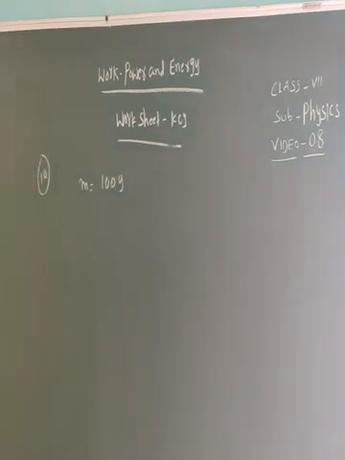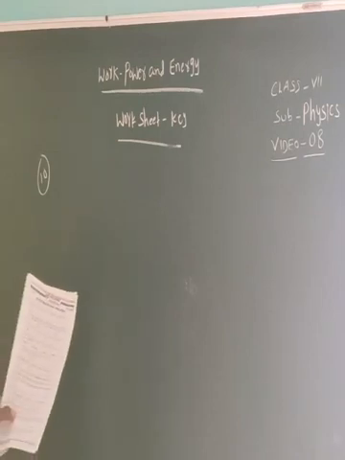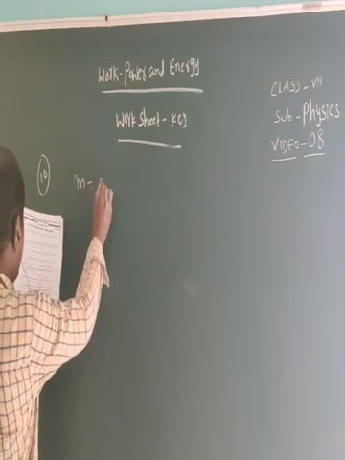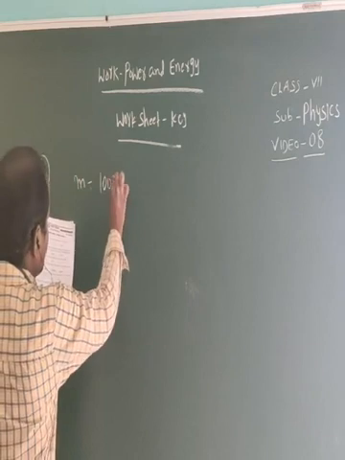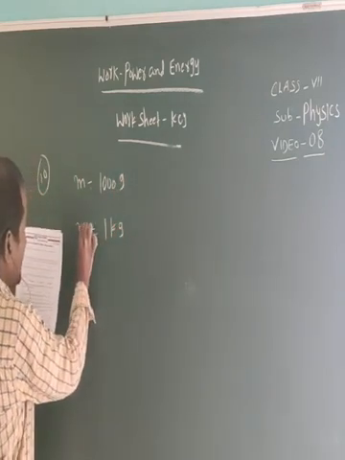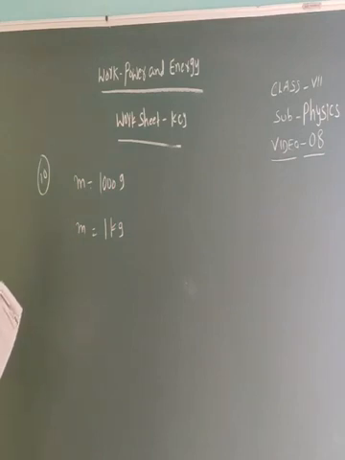Note that 1000 grams equals 1 kg, so 100 grams is 0.1 kg.